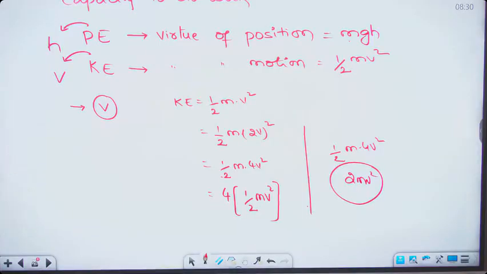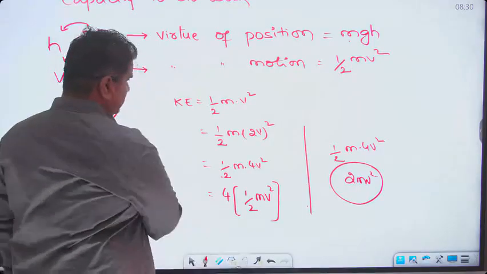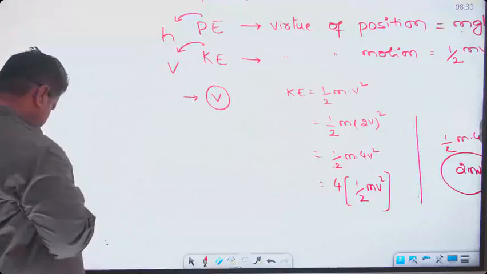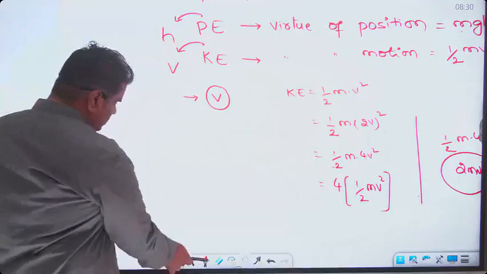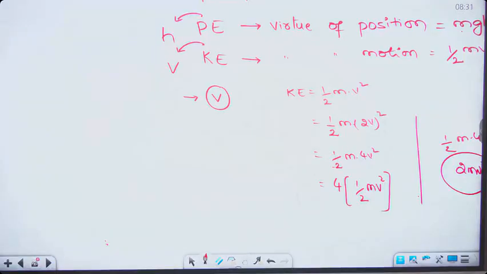Now here in this case, one of the previous questions is based on this. Suppose that you talk about the case of an object which is projected upwards. పైకి వేసిన వస్తువు అంటున్నాం. Now here in this case, when the object is at this particular point, we call it the initial velocity.